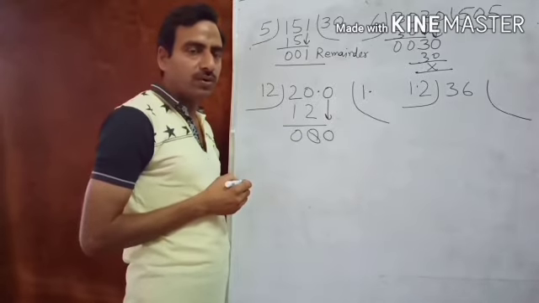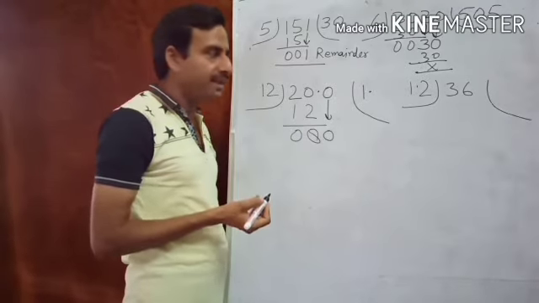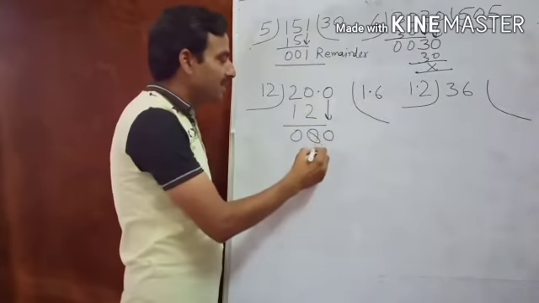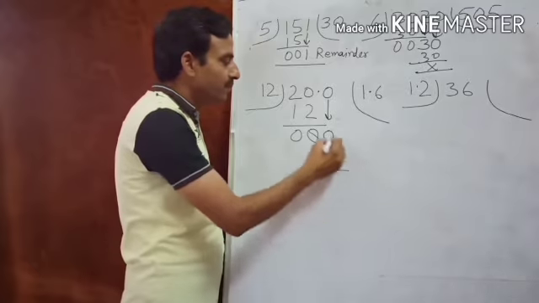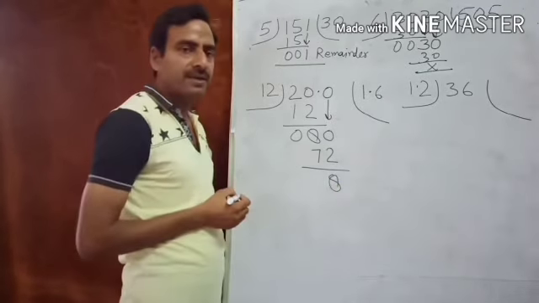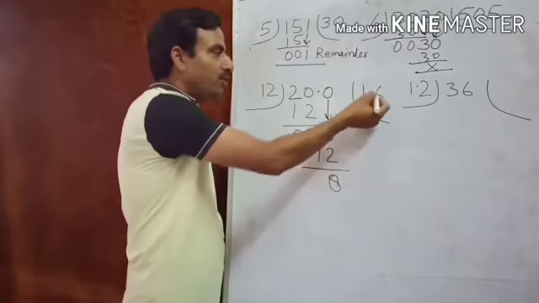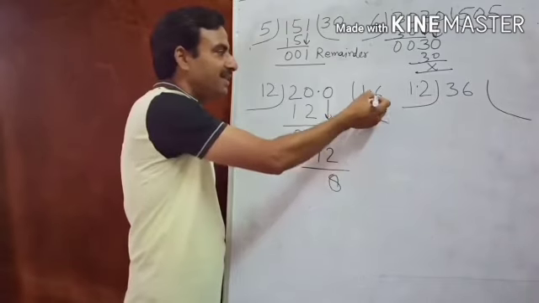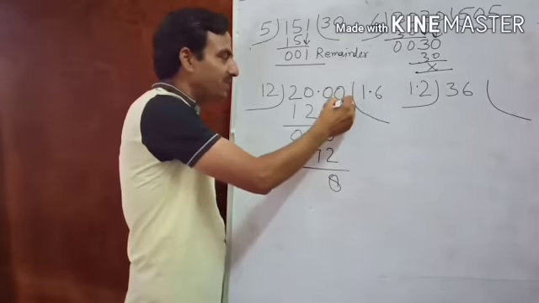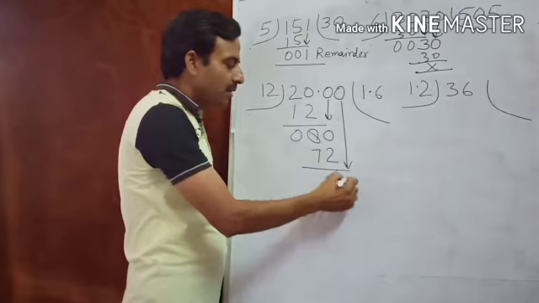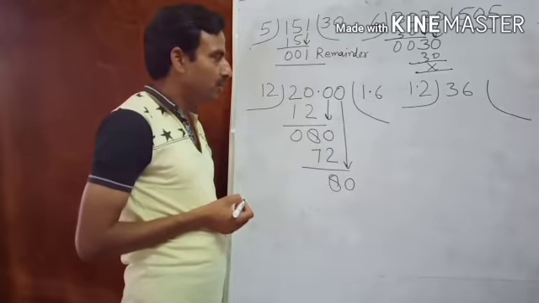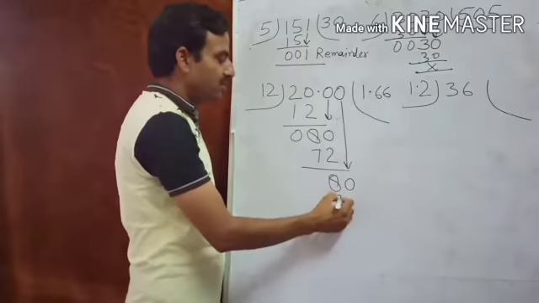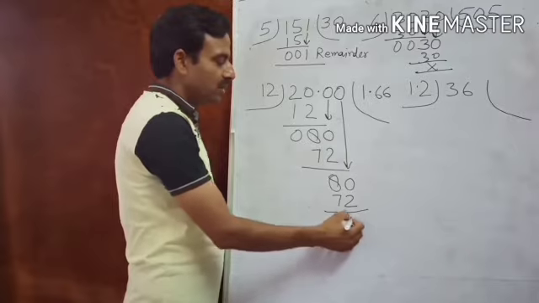12 7 is 84. It is going just more than 80. Then 6 times, go back 1. 12 6 is 72. 8 will come as remainder. If you want more decimal digits, you can keep the next 0 over here and add 0 again, then 80 again, 6 times 72, then 8 is the remainder.